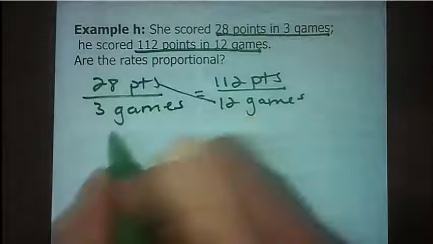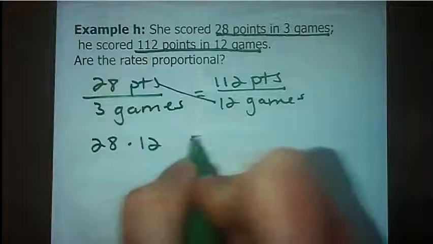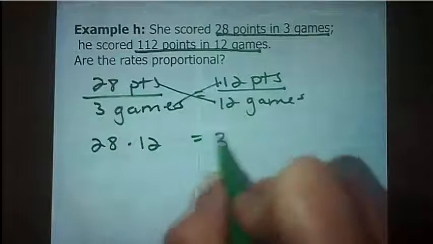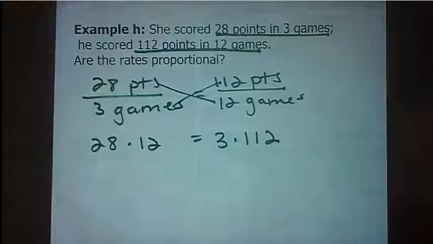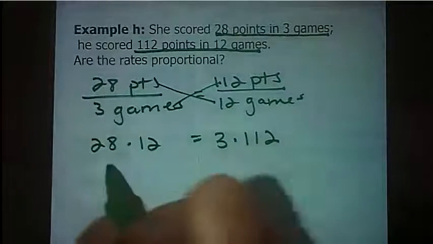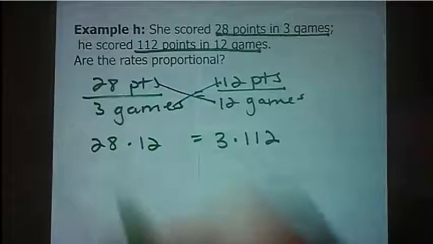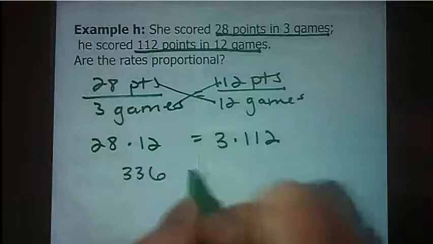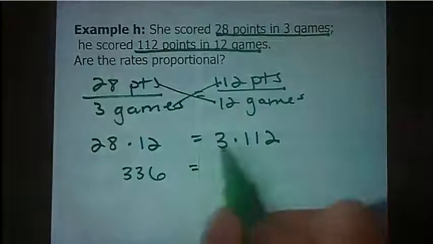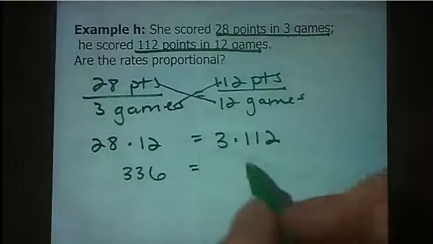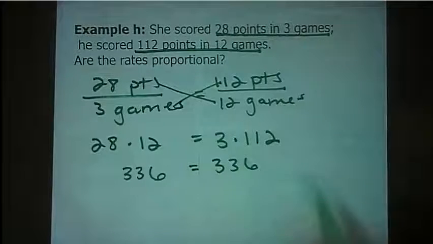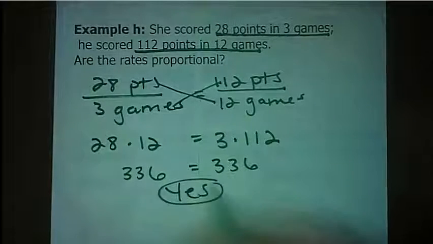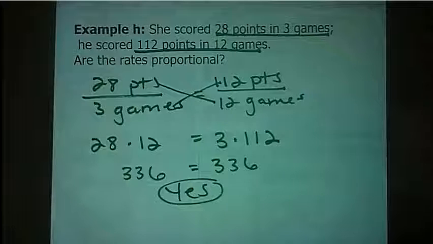So 28 times 12 needs to equal 3 times 112. So 28 times 12 is 336. 3 times 112 is also 336. So it is a tie. Jack and Jill tied. No one's better than the other. They are both the same.